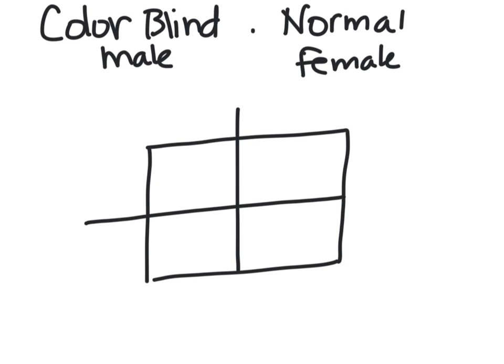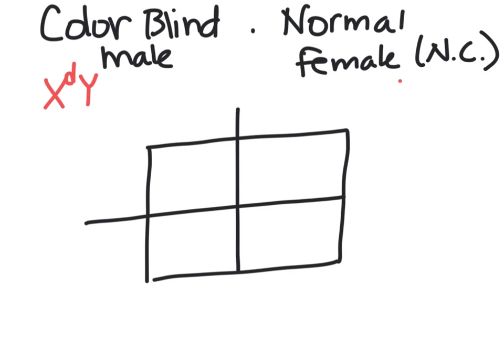So the first problem we're going to look at is a colorblind male and a normal female. Now the normal female is not a carrier, okay? So we're going to put NC, which means she's not a carrier for that. First we'll determine the genotypes of our two parents. The colorblind male will have an X and a Y. He's colorblind, which means his X will have the lowercase d.